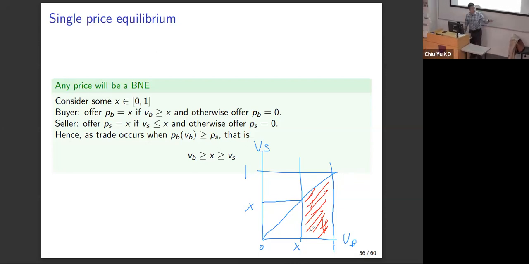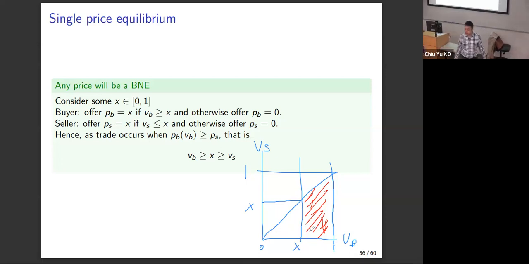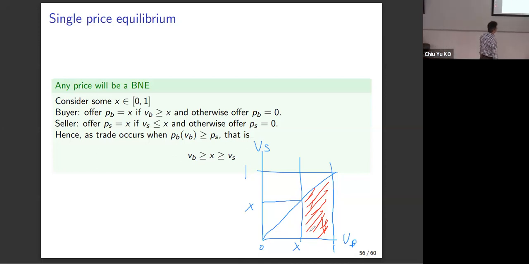And do note that there's an infinite number of equilibria here. For every X is fine, right? X can be 0, X can be 1, X can be anything, right? X can be 0, which means that no trade will occur. In effect, only in the degenerate case, the probability of trade is 0. And also 1, the buyer is not going to buy anything, right? You can imagine the trade is maximized somewhere in the middle.